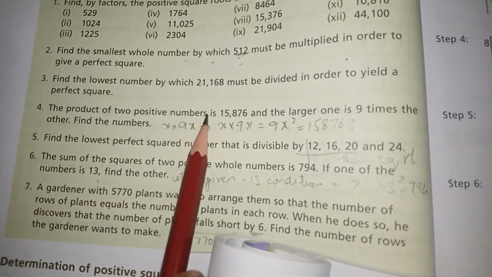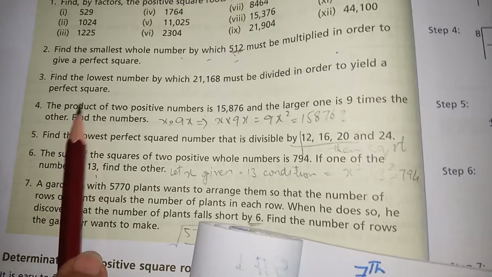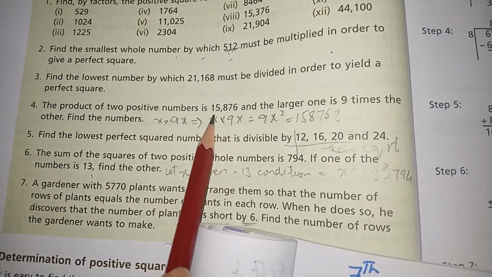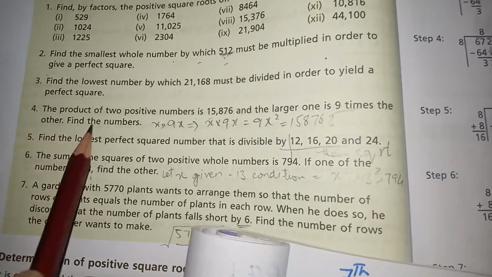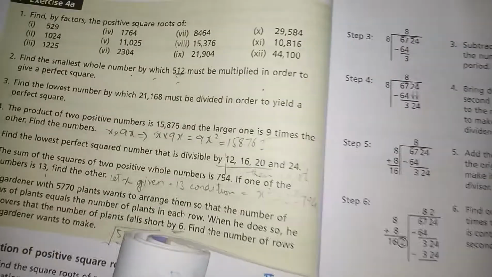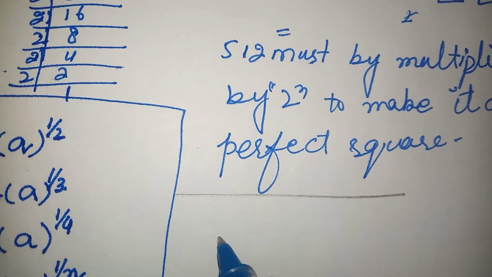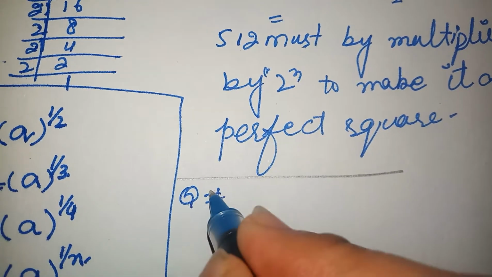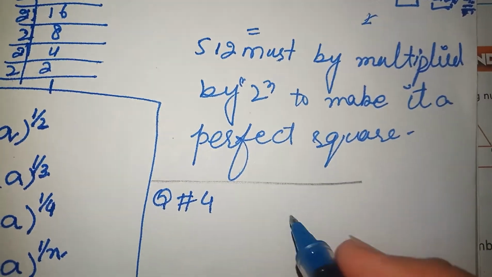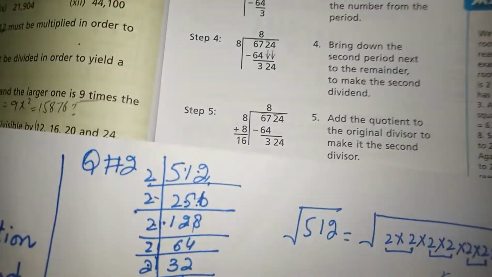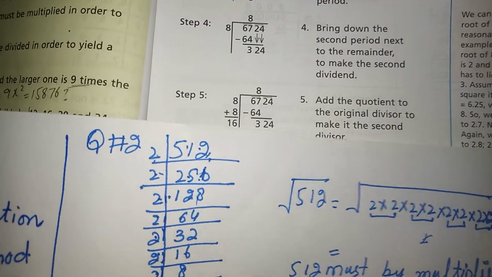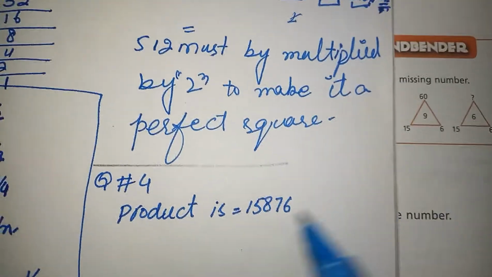Now come to question number 4. The statement of question number 4 is: the product of two positive numbers, any two numbers, is this, and the larger one is 9 times the other. Find the numbers. In question number 4, it is given that the product of the two numbers is this.